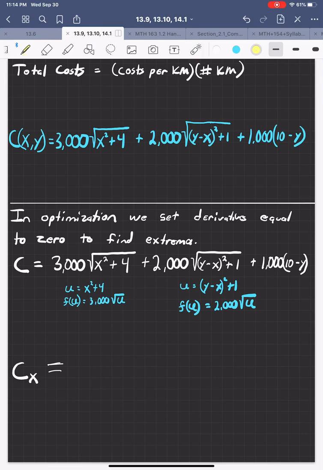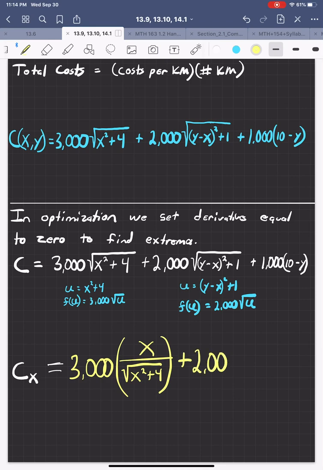But let me go ahead and form the partial. So the partial with respect to x would be 3,000 times x over the square root of x squared plus 4, plus 2,000 times, and I'm going to go ahead and write it, times negative y minus x over the square root of y minus x squared plus 1.